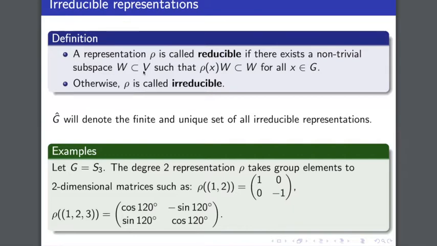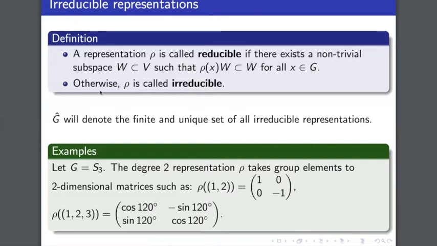Okay, so this is the formal definition. Another, more informal way to think about it is that a representation rho is called reducible if it can be further broken into other representations. On the other hand, it's called irreducible if rho cannot be broken into further representations.